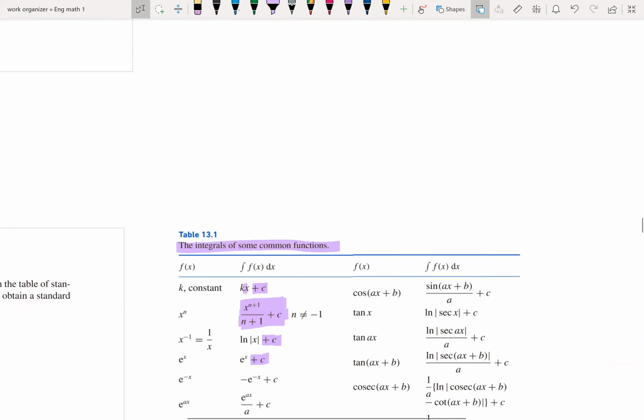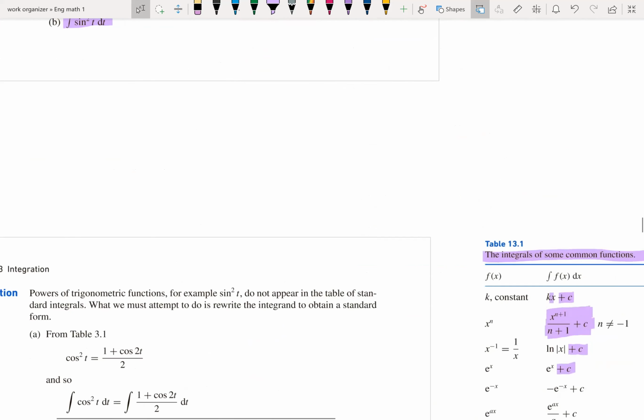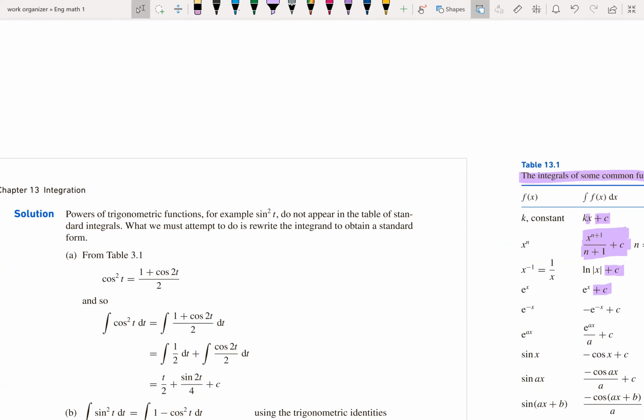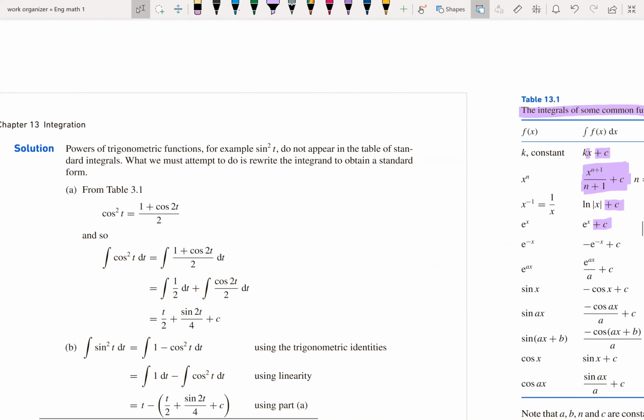So we have to use the trigonometric standard form, the trigonometric identities. Let's say this is cos squared t.